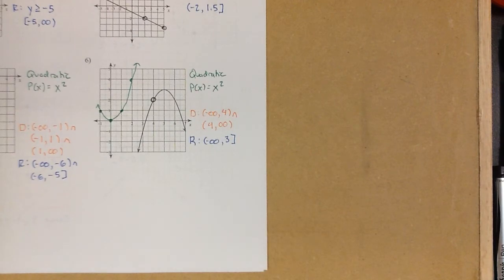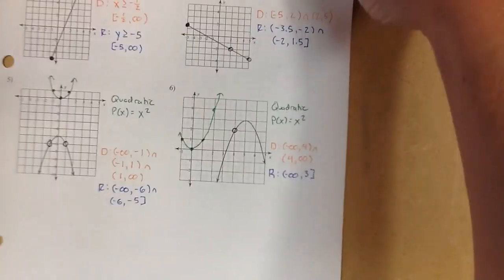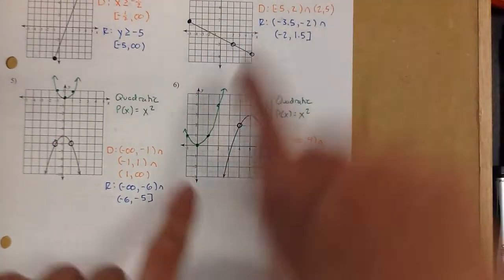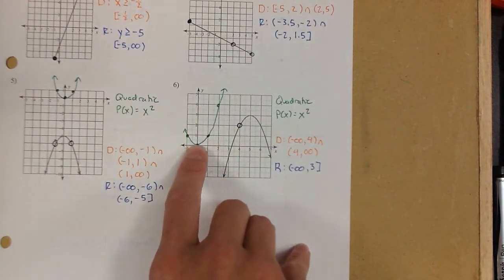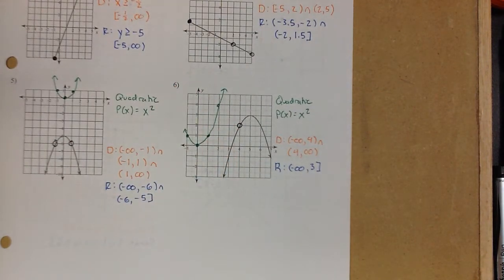So we talked about writing negative infinity to positive infinity with interval notation, but we didn't talk about what to write if it's an inequality. So for this quadratic parent function here, where does it start on the left? Negative infinity. Where does it end on the right? Infinity.